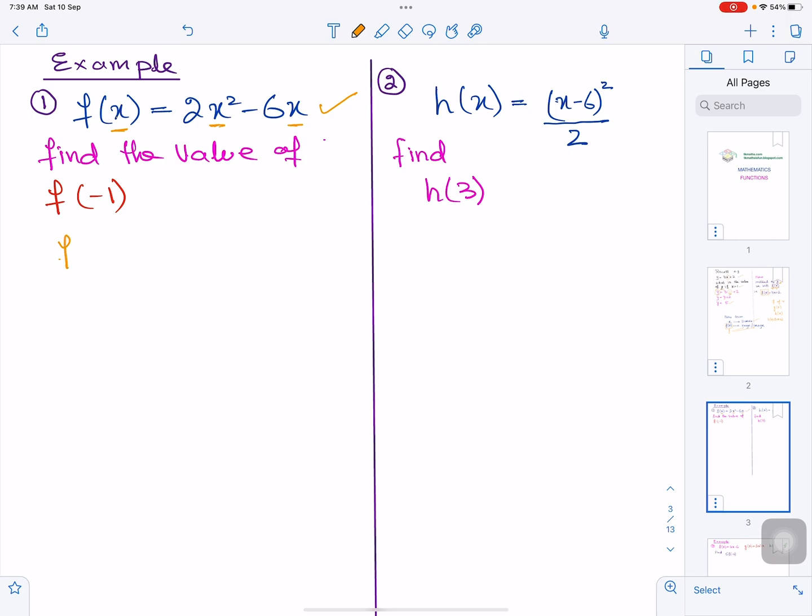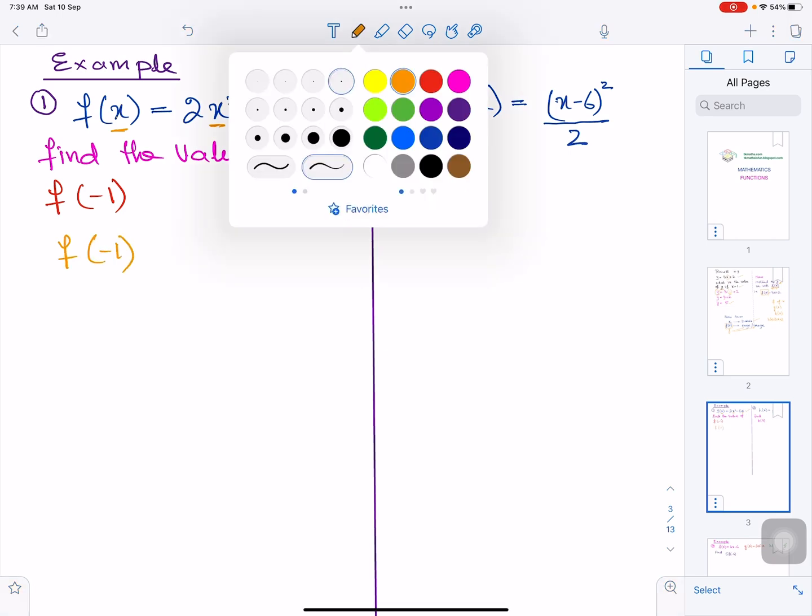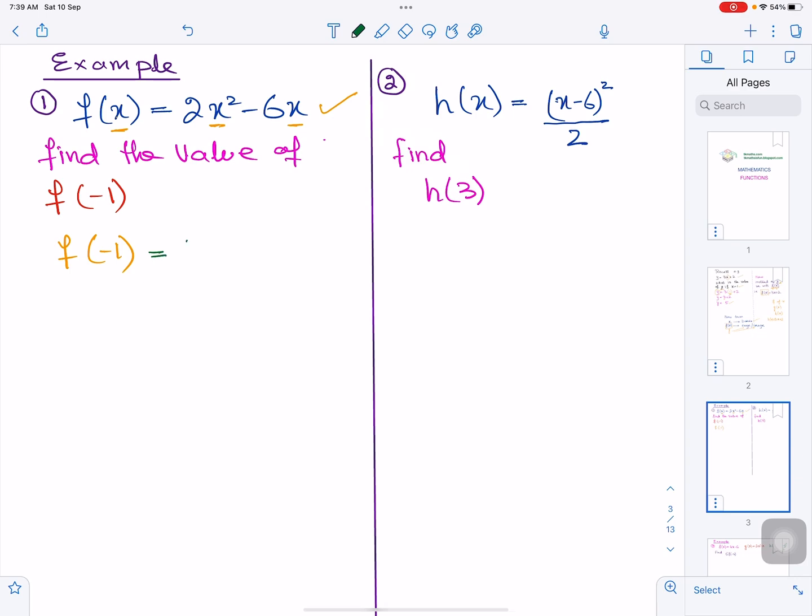So you will write f of minus 1 is equal to 2 bracket minus 1 square. Now please remember to put brackets here. Sometimes the students just write 2 minus 1 square and things like this. They are different, right?